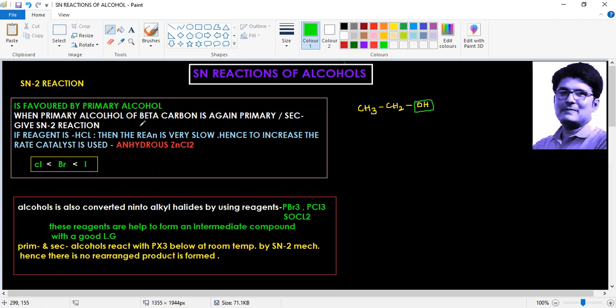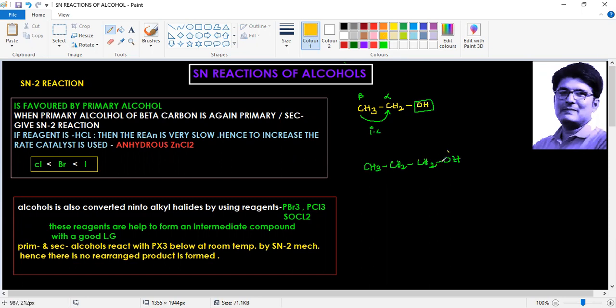In this primary alcohol, this is the alpha carbon and this is the beta carbon. When the beta carbon of a primary alcohol is again primary or secondary, it gives SN2. This beta carbon is attached to only one more carbon, so it is primary. For secondary, decrease one hydrogen and add one more CH3: CH3CH2CH2OH, propyl alcohol.